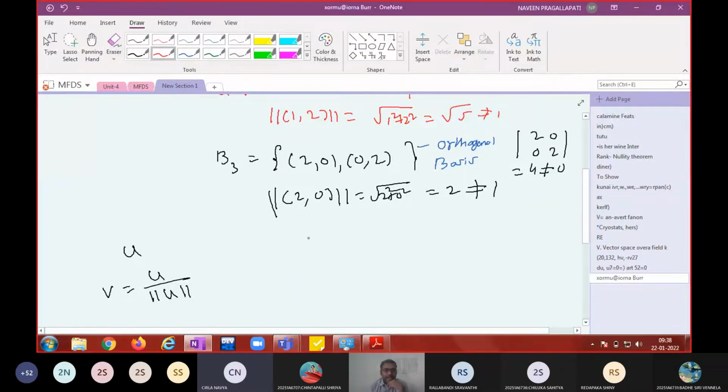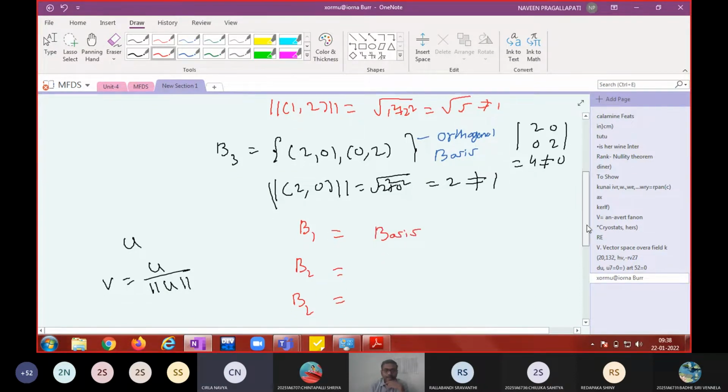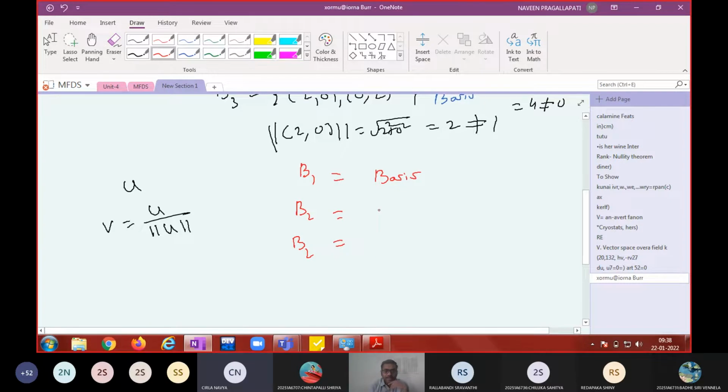So we have basis b1, b2, b3; then orthogonal basis; next one is orthonormal basis. From orthogonal to orthonormal, this is very easy.